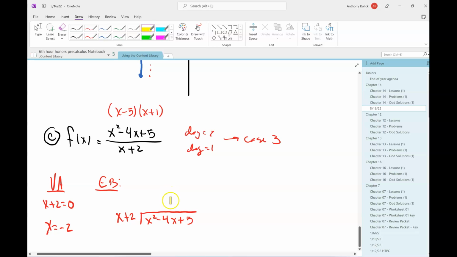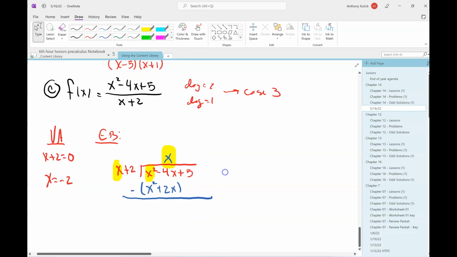All right, so what we're going to do is ask ourselves, what times x gives us x squared? X. So I write the x up top. I multiply it to both parts of my divisor and then subtract down. X squared minus x squared is 0. Negative 4x minus 2x is negative 6x. That is the place where most students make their mistake, forgetting that this is a subtraction problem and making sure that they're subtracting.